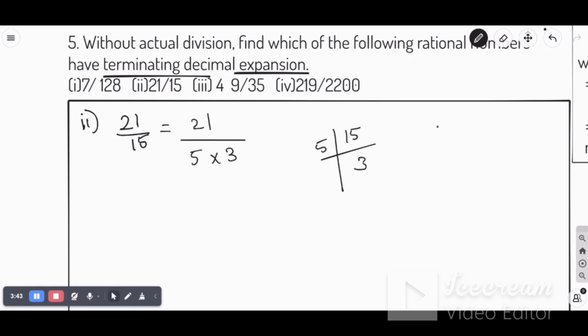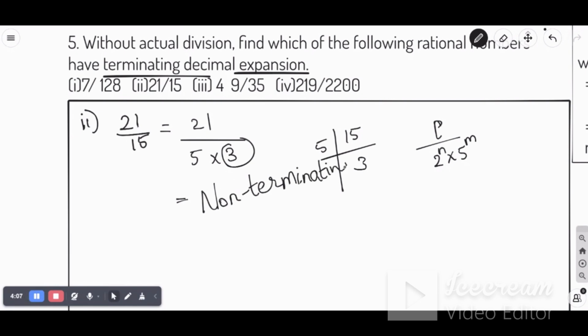But this is not of the form 2 power n and 5 power n; we have got a 3 here. So this strictly says that this is not a terminating decimal. We can say this is a non-terminating and recurring decimal. Okay, now let us move on to the next question.